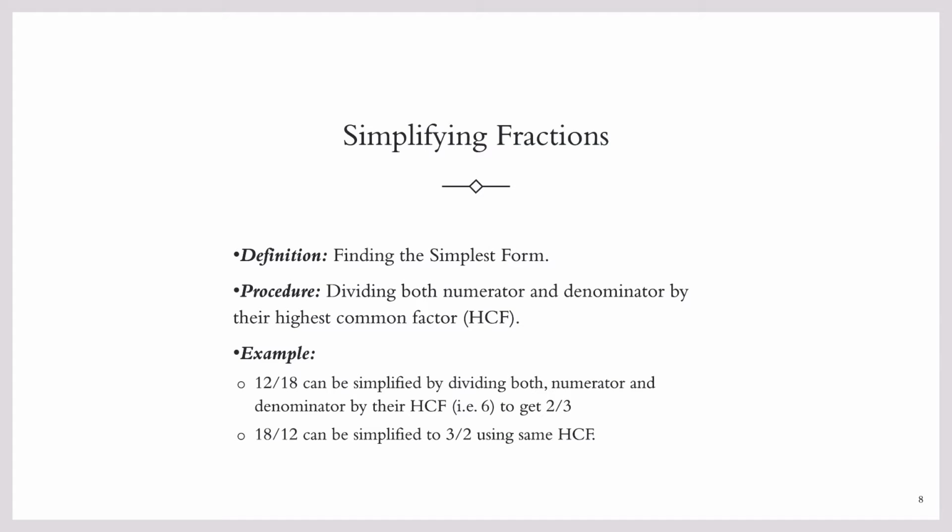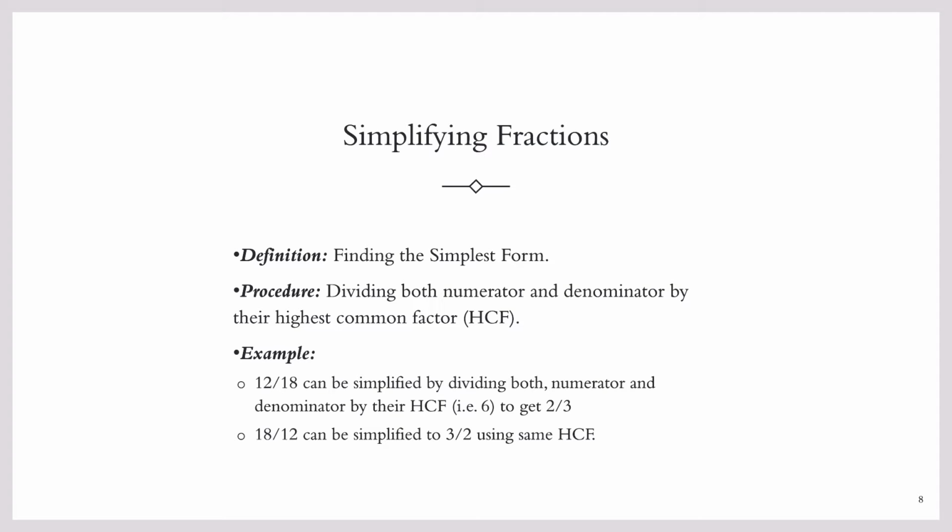Next, we have simplifying fractions. Fractions can be simplified. It means we are finding the simplest form of a fraction. The procedure is we divide both the numerator and denominator by their highest common factor. We studied how to find highest common factor in topic 1.1, where we were studying the types of numbers.